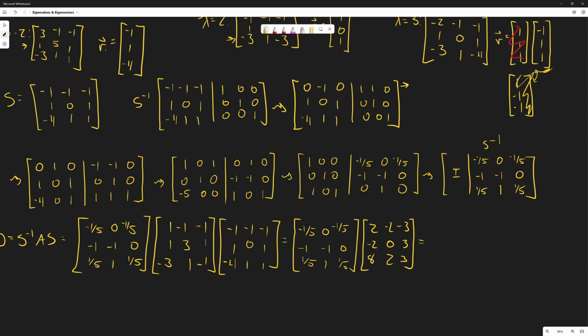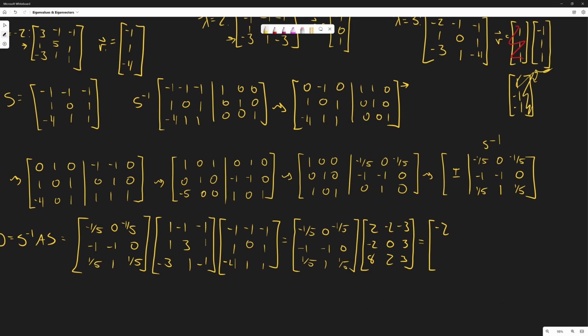So now I multiply these. I'm still not liking this. Negative 2/5 plus 0. Wait, hold on. This would be negative 1/5 times 2, negative 2/5. 0, and then we have minus 8/5. So minus 2 minus 8 equals negative 10 over 5, which is negative 2. Okay, this actually might work.